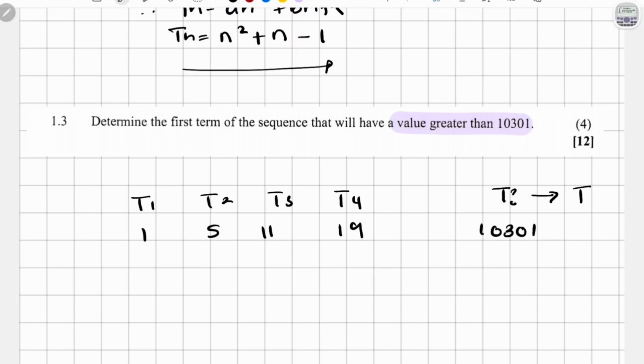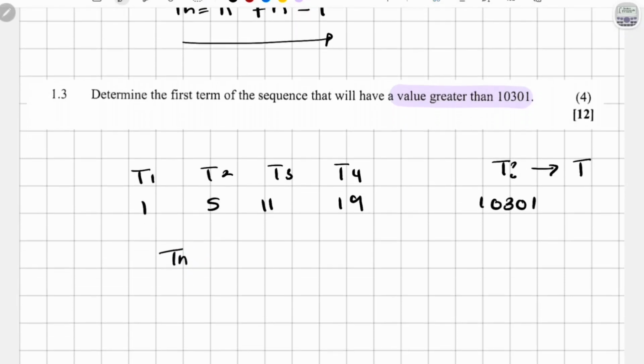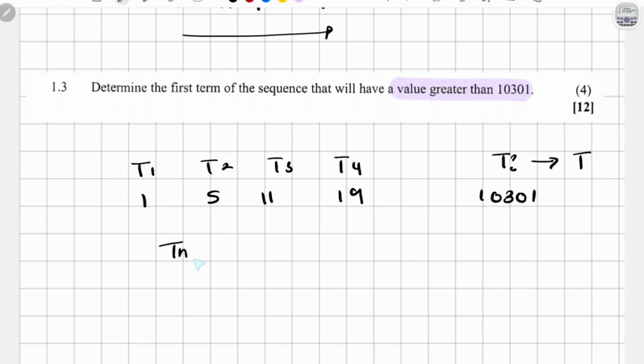They want which term will have a value greater than this. So since they're speaking about terms, we can use the Tn formula, because the Tn really tells us the value of your term. So we're trying to find out in this pattern, which term value, right, is bigger than 10,301. And then we can just solve for this inequality first.